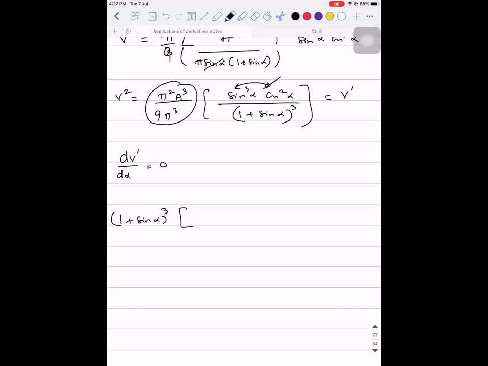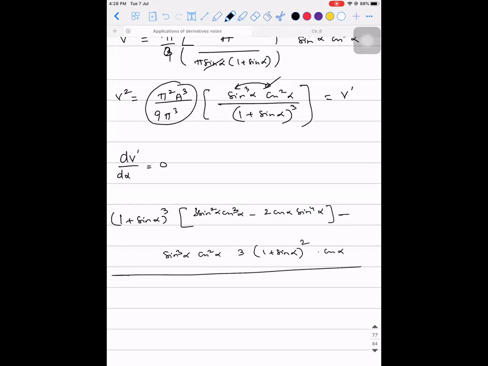Sir, it's 3 sin square alpha cos cube alpha. Tell me. 3 sin square alpha cos cube alpha, minus 2 cos alpha sin power 4 alpha by 1 plus sin alpha whole square. UV rule, plus minus sin cube alpha cos square alpha into 3 plus 3 sin alpha, the whole square into cos alpha.